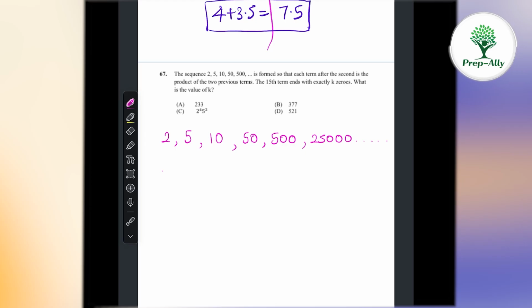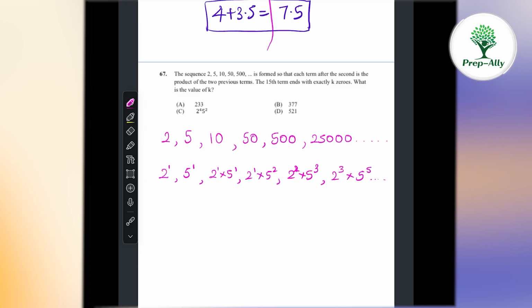Every term is a product of two primes, that is 2 power 1, 5 power 1, 2 power 1 into 5 power 1, 2 power 1 into 5 squared, 2 squared into 5 cubed, 2 cubed into 5 power 5, and so on, right?